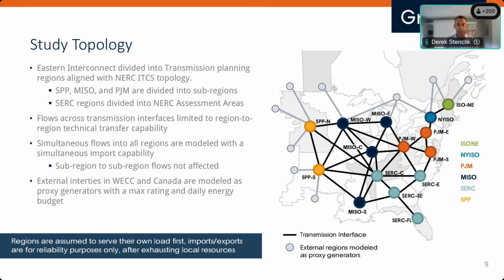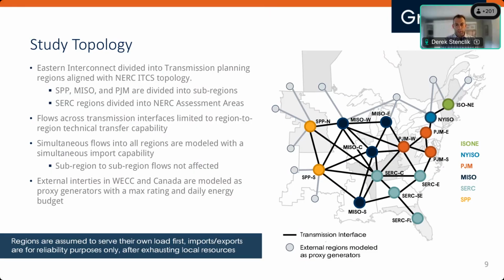So in general, we're modeling the NERC assessment areas for the Southeast, and then the ISOs are being split, in the case of PJM, MISO, and SPP, by some internal transfer limits. Again, borrowing both the topology and the transfers from that NERC ITCS. And a couple other things you'll note is Canada, we are modeling as proxy imports, and same with the Western Interconnection and the Texas Interconnection based on historical observations.